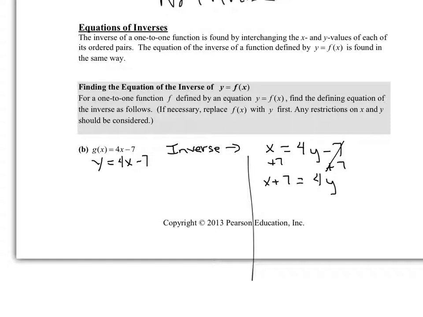I can either multiply everything by 1/4, or I can divide both sides by 4. That's probably our faster way to do this. And we would get y equals x over 4 plus 7 over 4 if we want to separate it into two fractions. If we wanted to leave it put together, it would appear as x plus 7 over 4 as a single fraction.